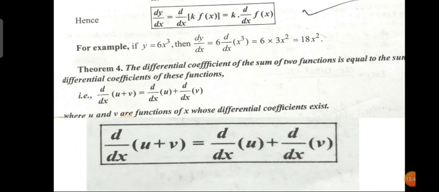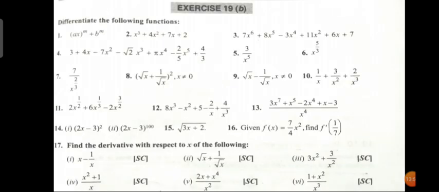That is, d by dx of u plus v is d by dx of u plus d by dx of v. Very important. Please do the workout of these exercise problems also.